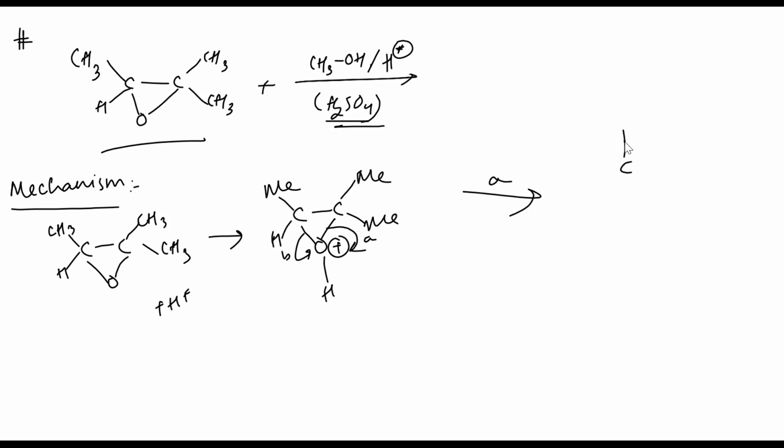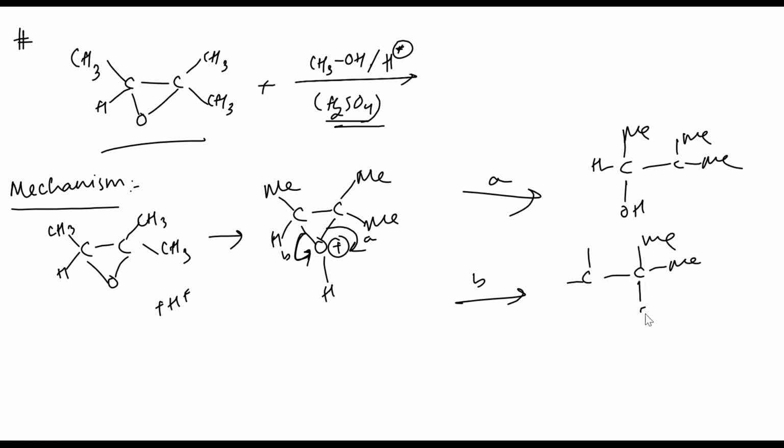And in step B, the breaking of bond from this side, so there will be formation of C with two methyl groups attached, formation of OH, carbocation, ethyl H. So now the question arises, reaction will proceed through which step, either step A or step B.